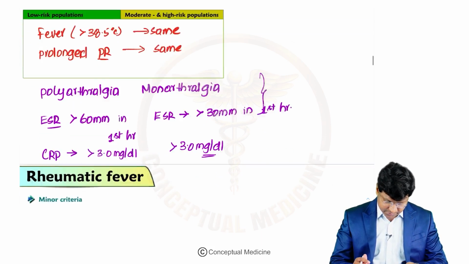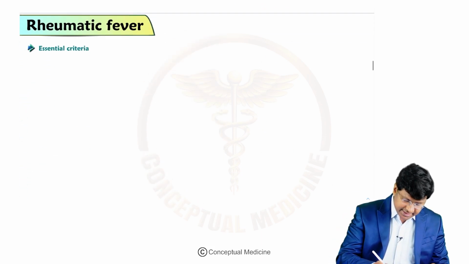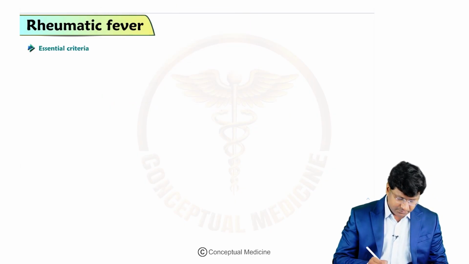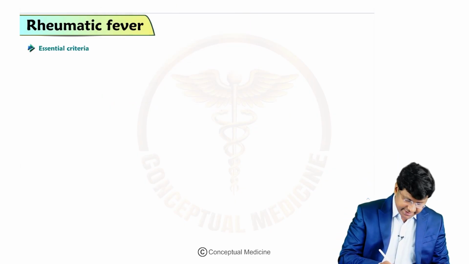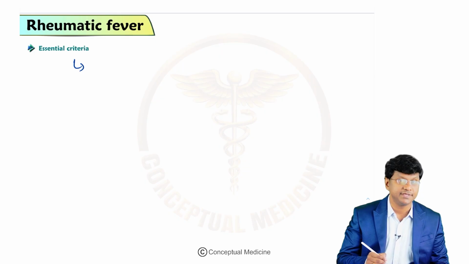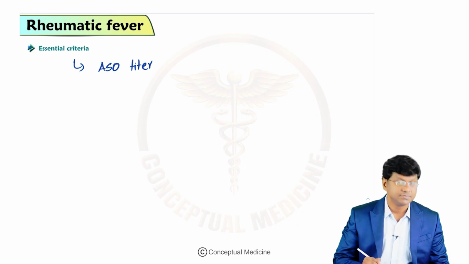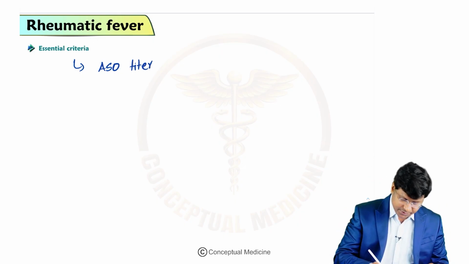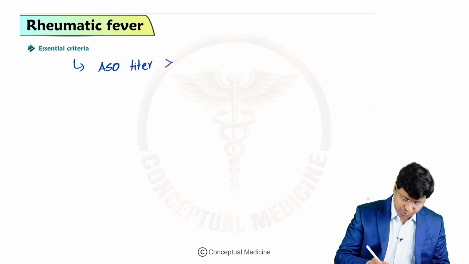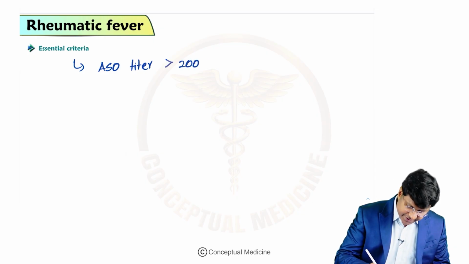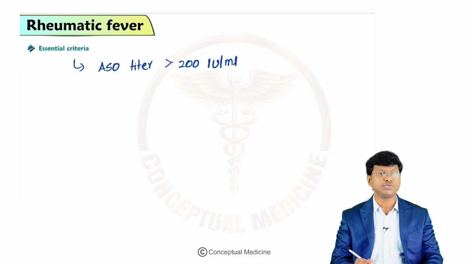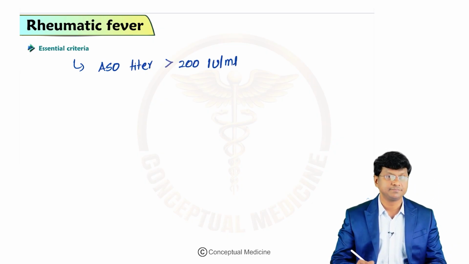Then followed by that, coming to the essential criteria. Essential criteria for rheumatic fever is number 1, the ASO titer. ASO titer should be more than 200 international units per ml.